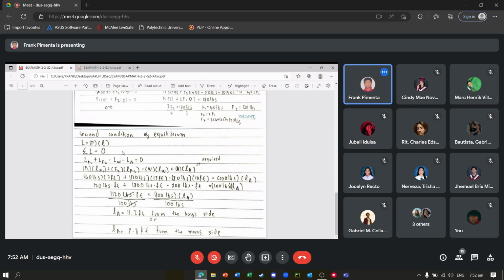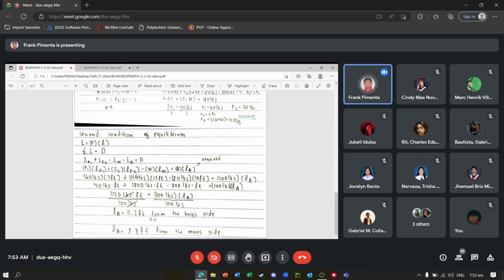Now, there is also a lacking point here. Where do you rotate the uniform pole? There should be a point or axis of rotation. So how do you base this now? Saan mo binasa ang axis of rotation that you use? Ilagay dito the algebraic sum of L at point.